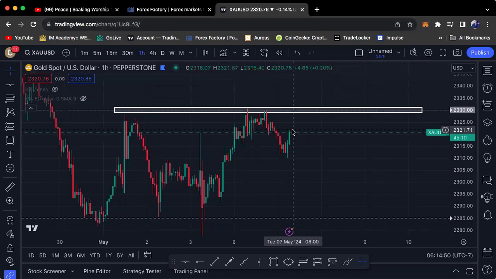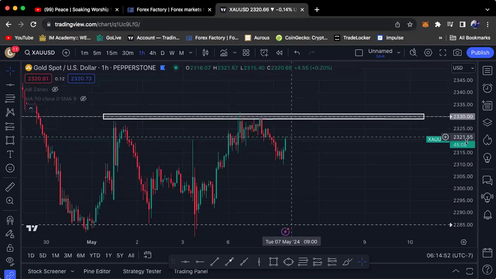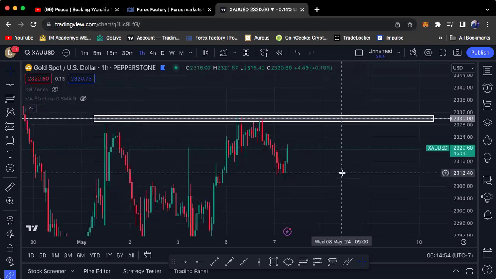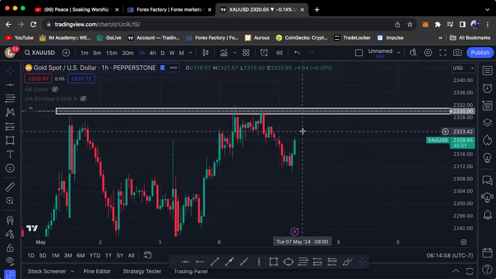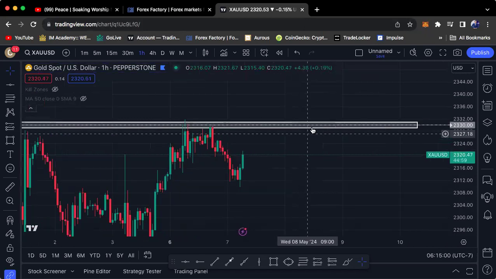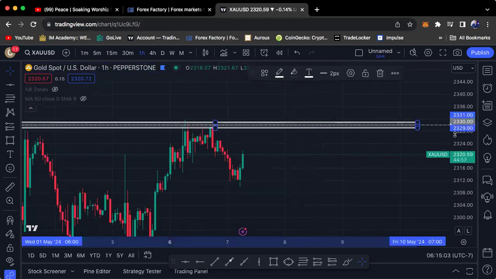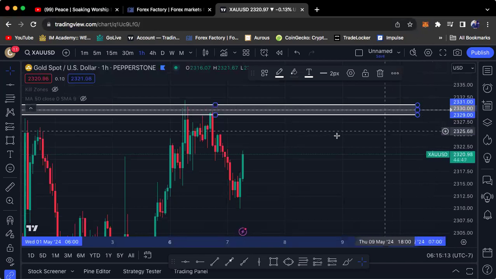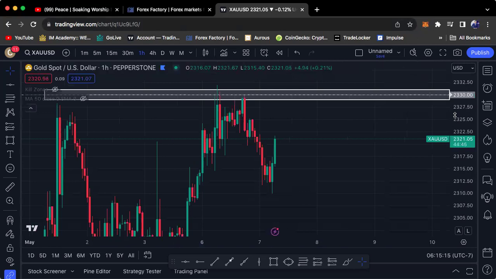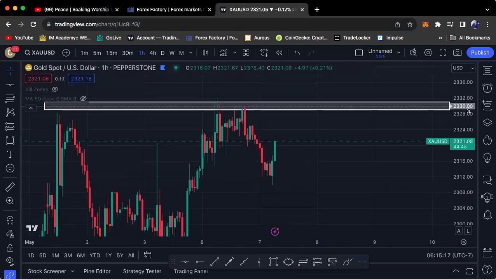So now that I have my rectangle, my hourly structure, 2330. The width of my rectangle is 20 pips apart. And I drew my horizontal line at 2330 because it's a key level, and gold respects key levels.